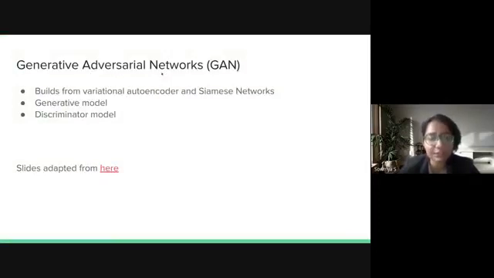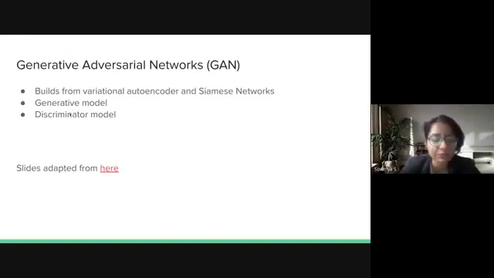Now, the philosophy of this is derived from both variational autoencoder, Siamese networks, and many other things actually. But from variational autoencoder, what we get is a kind of generative model. And from a Siamese network, what we get is a sort of discriminator model, both of which are present in a GAN. So that's what I've mentioned here, that we have a generative model and a discriminative model.